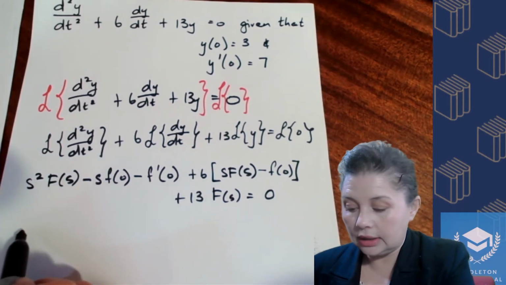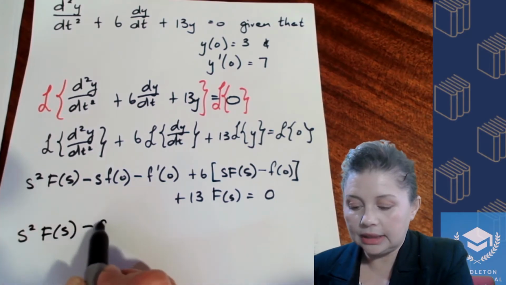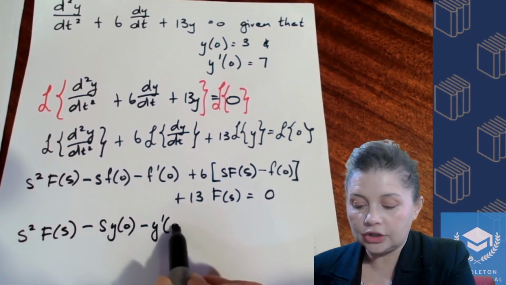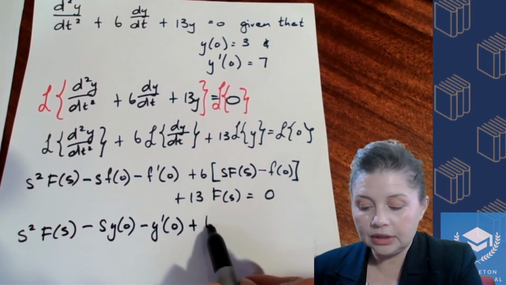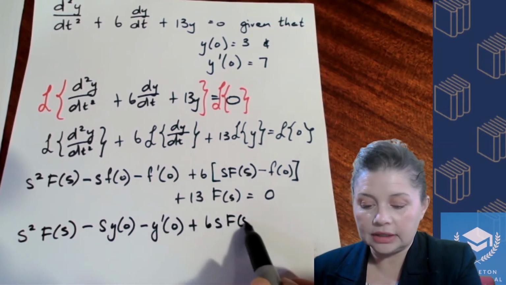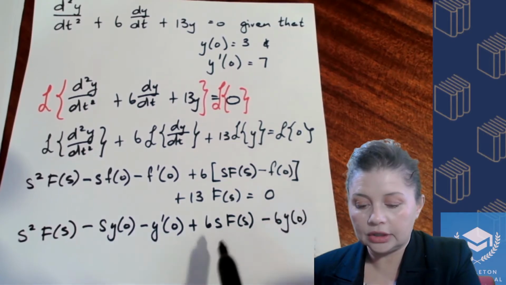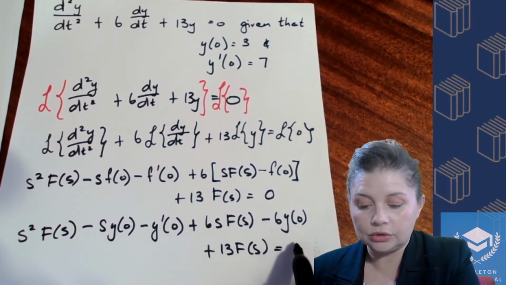So s squared F of s minus s y at 0 minus y dash at 0, and I'm going to just multiply this out. 6s F of s minus 6y at 0 plus 13 F of s equals 0.